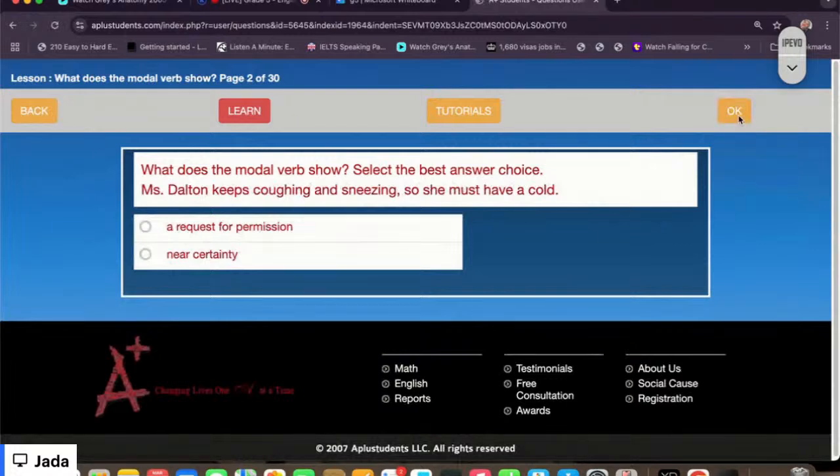What do you think here? Alright, so this also shows near certainty.